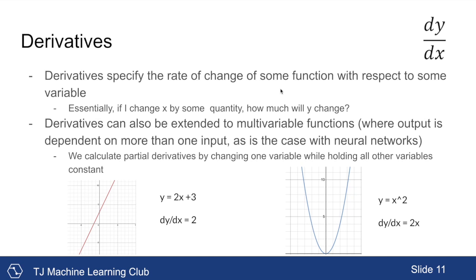So basically, derivatives specify the rate of change of some function, right? For linear functions like this, the derivative is constant. It's always 2. Rise over run is always 2. For more complicated functions, like this one, y equals x squared, if you imagine drawing a tangent line to a point on this graph, like the point 0, 0, the slope of that tangent line is going to be 0.